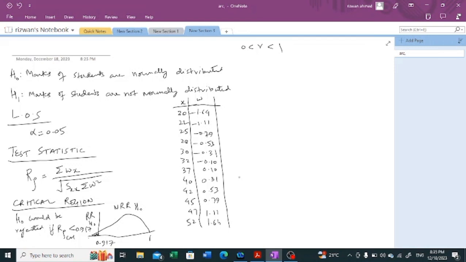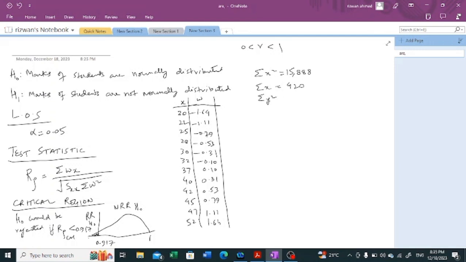The very first thing, summation x squared, equals 15,888. Summation x we get as 420.